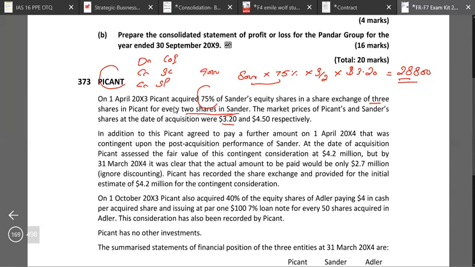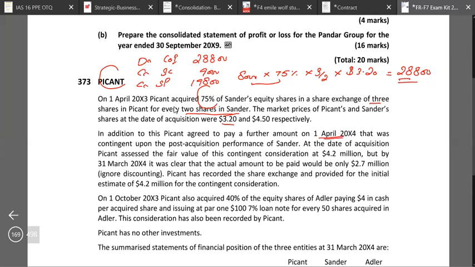Then replace the other figure, which is now multiplied by 2.2, and it gives you 19,800. The total figure is 28,800.